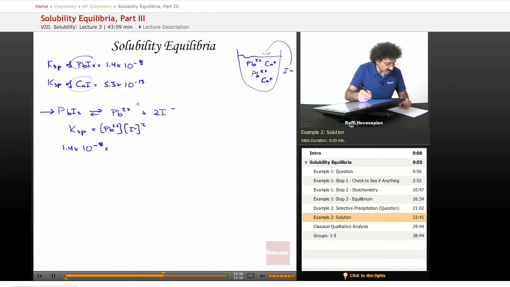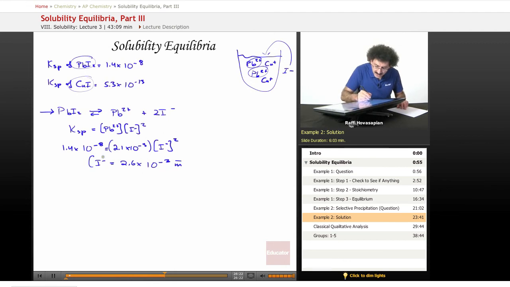And we know the lead concentration. It says that the lead concentration is 2.1 times 10 to the negative 3, right? It gave us the concentration in the problem. So it's a simple question of algebra to find the iodide ion concentration. And in this case, the iodide concentration is 2.6 times 10 to the negative 3 molar.